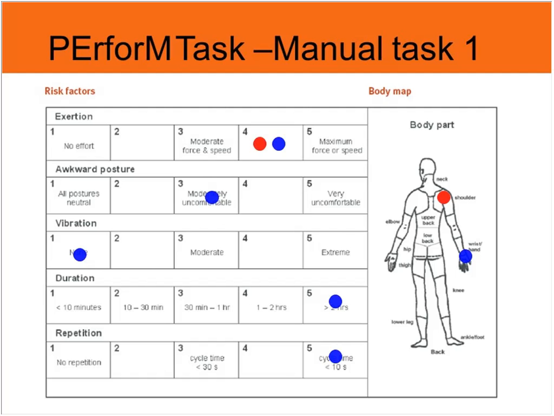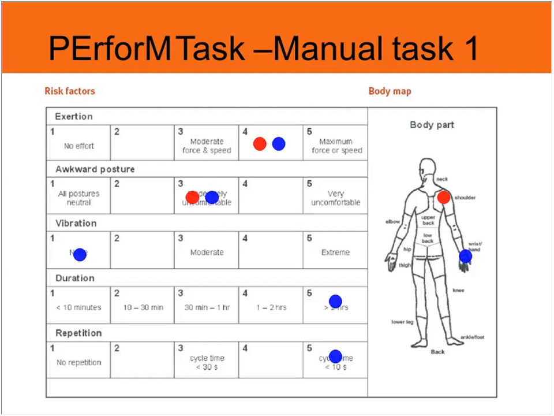So for the shoulder, again, we're coming up with quite a high exertion, so a 4. We can see a lot of force being used there for the shoulder. We are coming up with about a 3 for that awkward posture for the shoulder. Look, there is some internal rotation as the elbow lifts up.